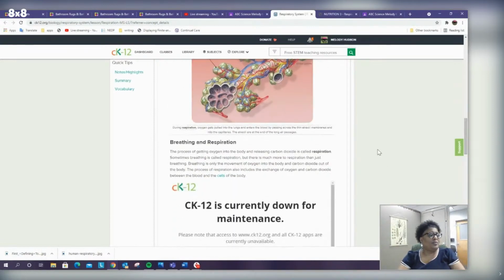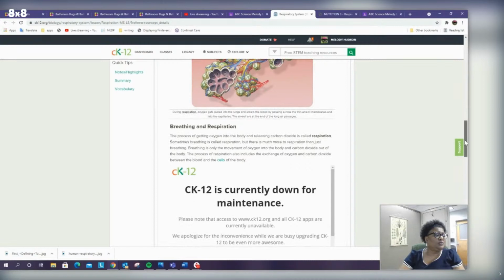So we get oxygen into the lungs by inhaling, and then we expel, once we use that, carbon dioxide. And we're getting oxygen to the body and releasing carbon dioxide, and that is called respiration.